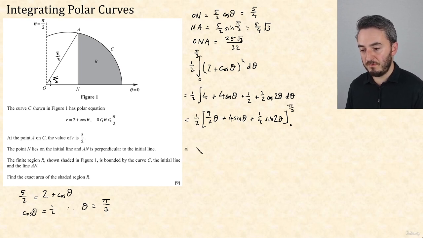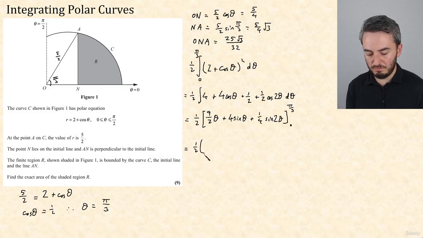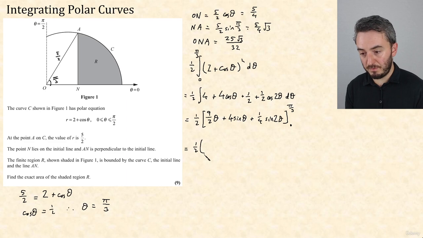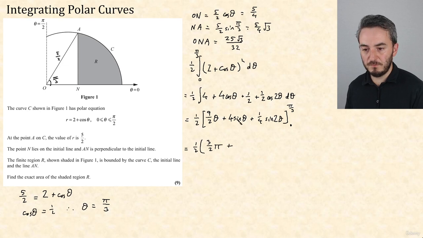So subbing in pi over 3, I get half of 9 over 2 times pi over 3. So that's 3 over 2 pi. Then plus 4 sine pi over 3. Sine pi over 3 is root 3 over 2. Times that by 4 and it's 2 root 3. Then a quarter sine 2 times that.